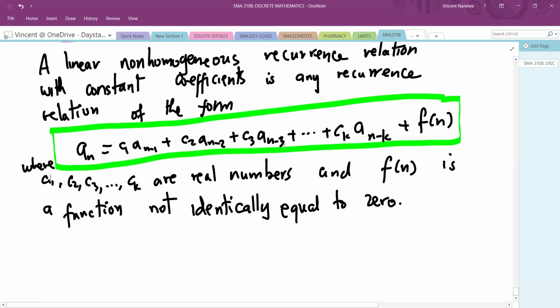So when we have a_n, let me call this one star.